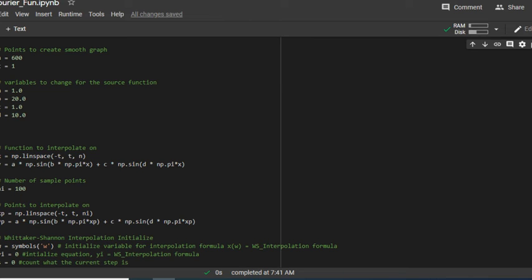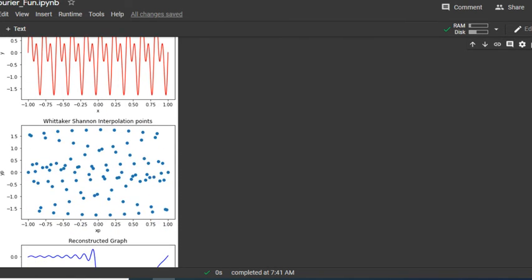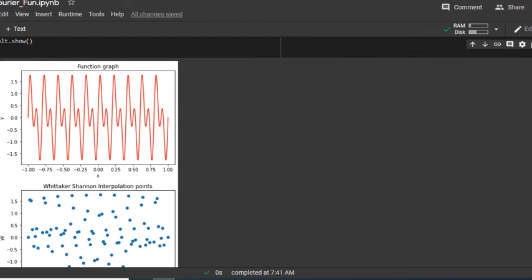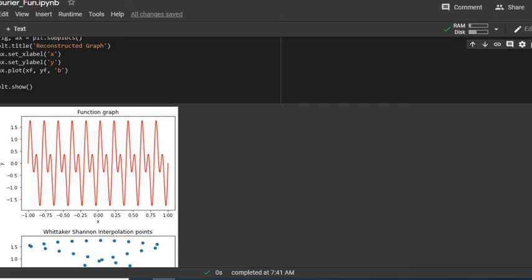So this is the interpolation formula. Those are the interpolation points. And you can play around with this as well to see how the interpolation function actually works. But yeah, the Fourier transform is really quite neat.